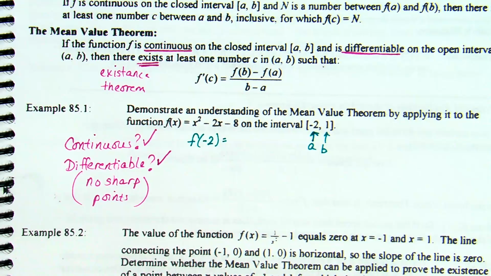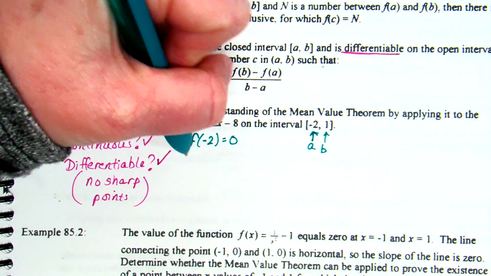Negative 9. Now, let's try. So in order to talk f prime of c, which c is what we're trying to prove exists. There exists some c value. We just don't know what it is yet.